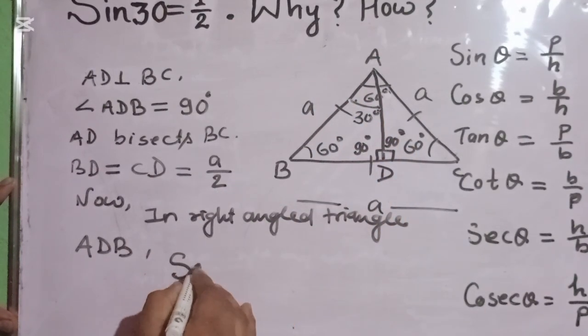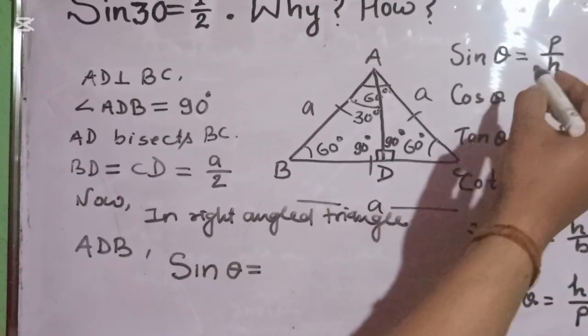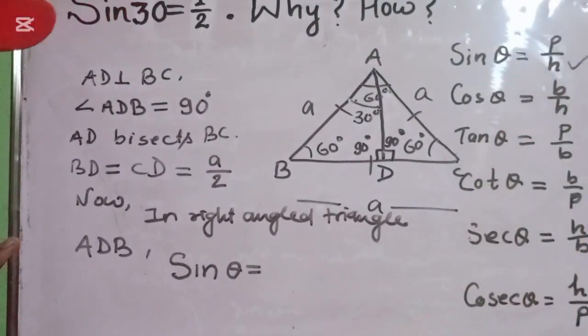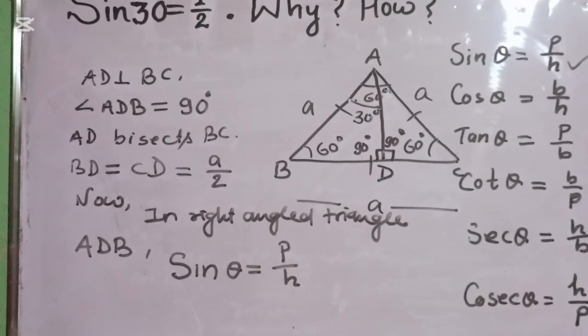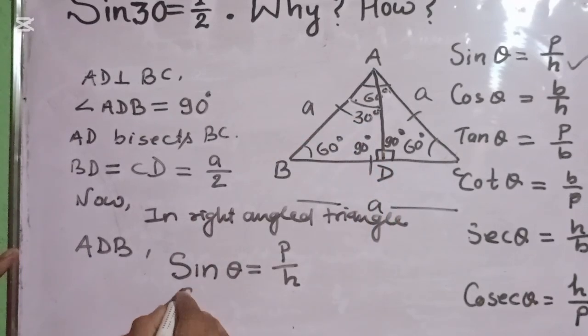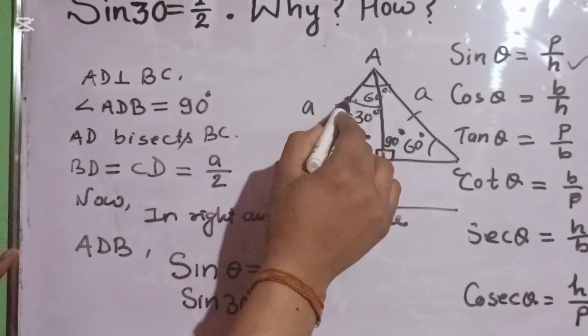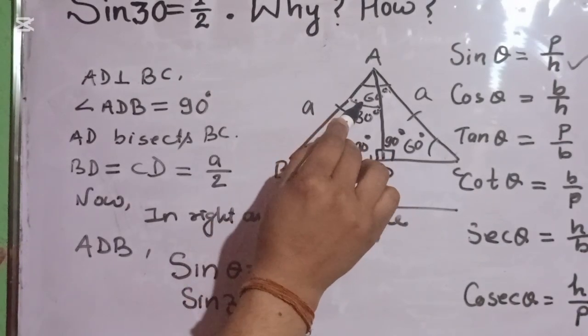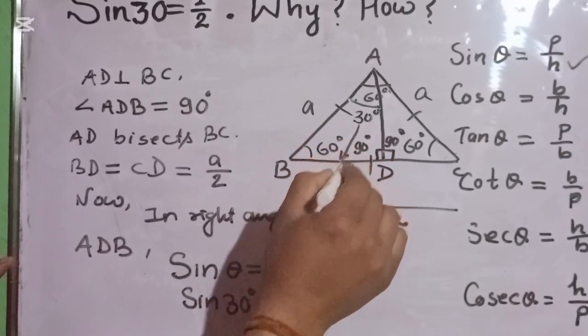As we know, sine theta equals perpendicular by hypotenuse, and in place of theta we are taking this 30 degree as the reference angle. If this angle is taken as reference, then its opposite side is known as perpendicular.